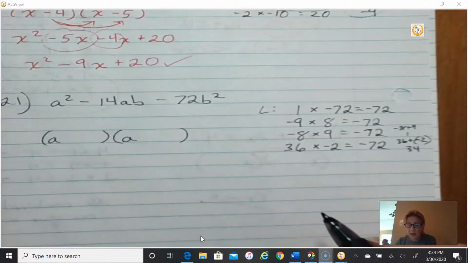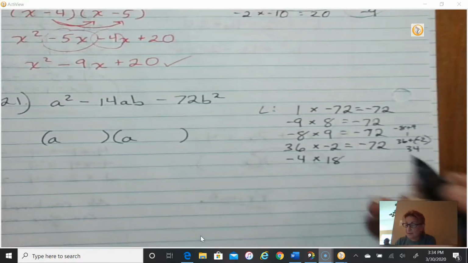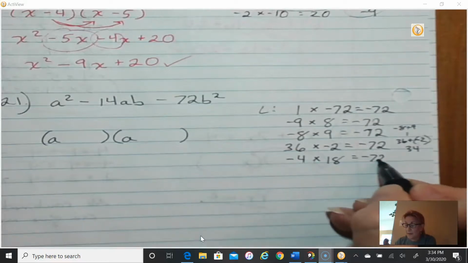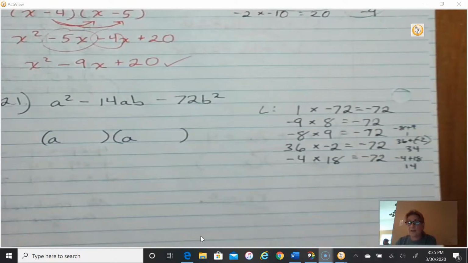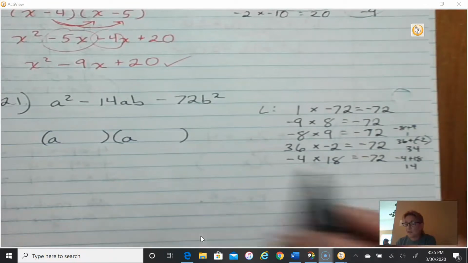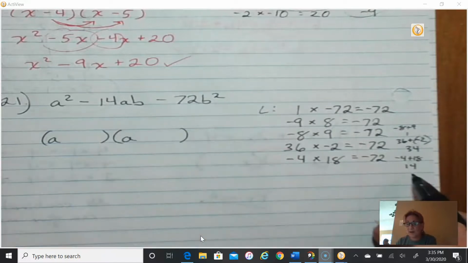Nope. How about negative 4 times 18? That gives us negative 72. If you add those, negative 4 plus 18, you get positive 14. We're getting closer. We need a negative 14. That's a positive 14.